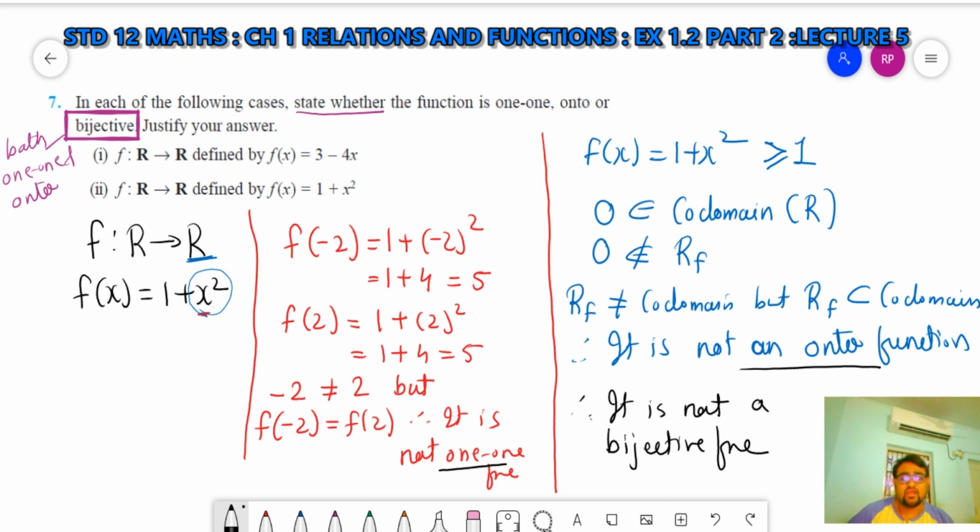And then for the range, if the codomain is R, and if any equation like this is given which you can convert into a perfect square, then it will never be an onto function, provided the codomain must be R. So note down question number 7.